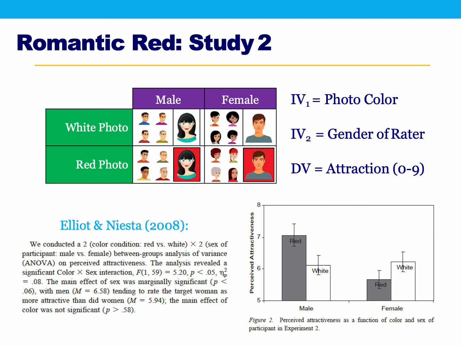So we see that mean attractiveness is significantly different between the red photo and the white photo for males, but this difference is not significant for females, right? So again, we know that the effect of photo depends upon the sex of the person rating the attractiveness of the photo. Okay?